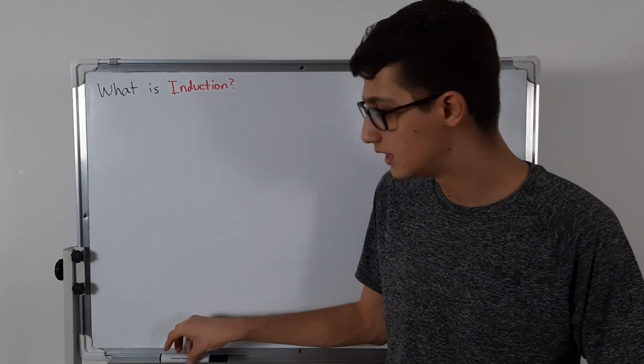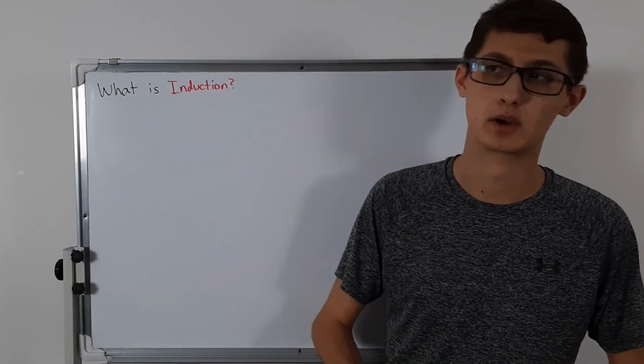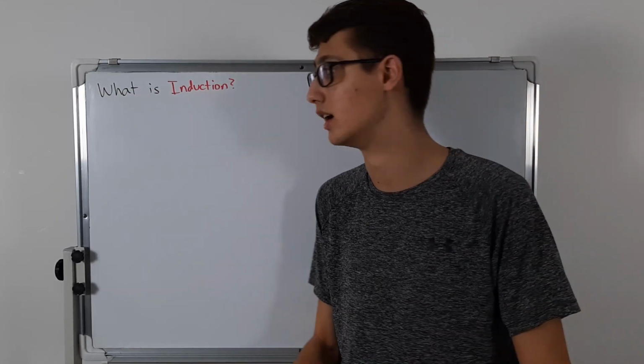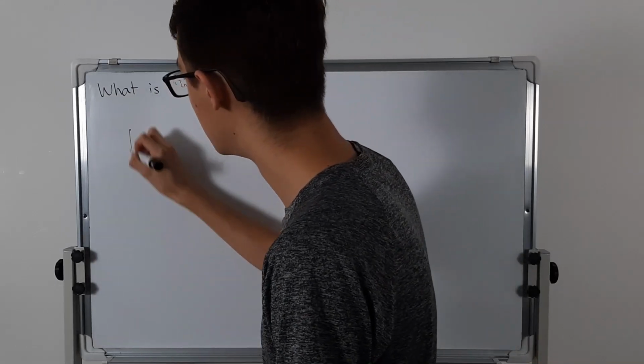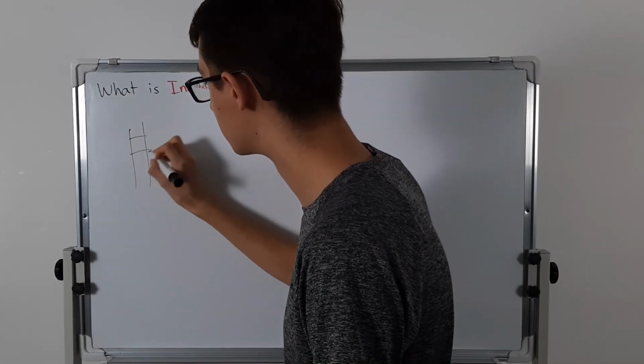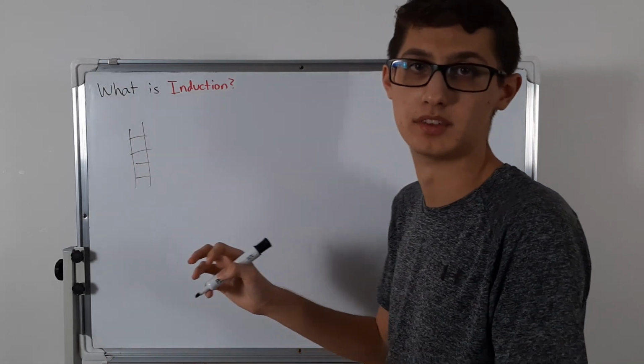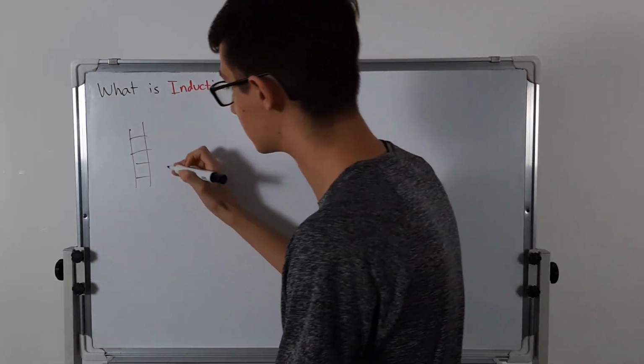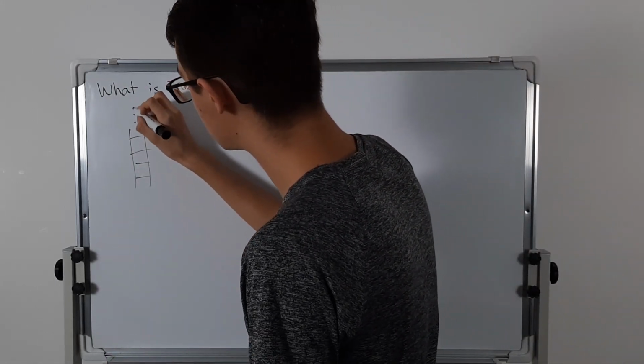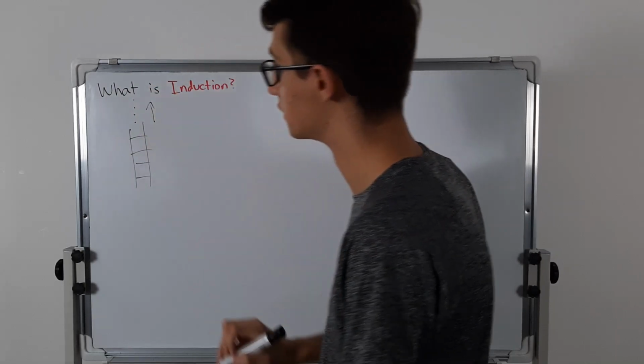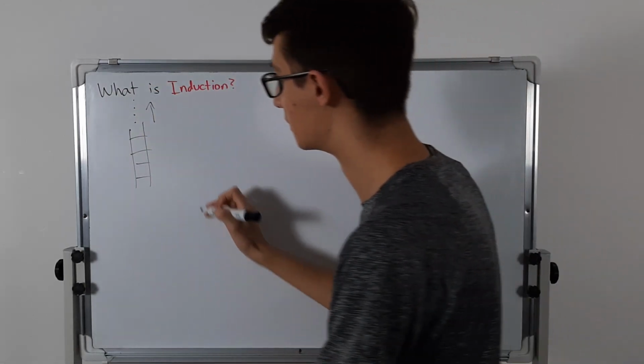So induction is usually equated to an infinite ladder, because you're trying to prove things for typically all natural numbers n, stuff like that. So here I have a ladder and it keeps going on forever, so I'm just going to draw an arrow to make you think that.